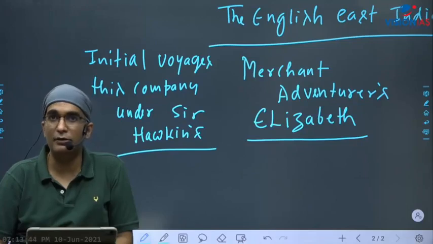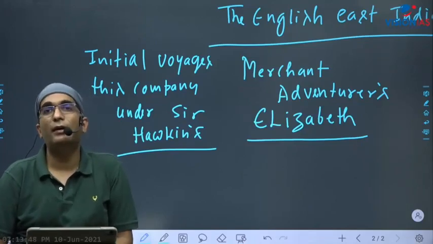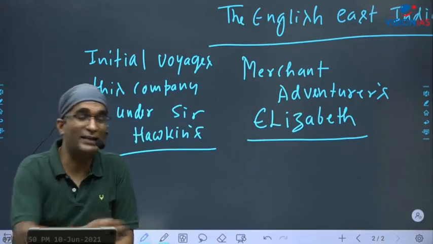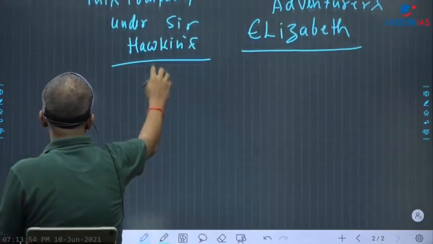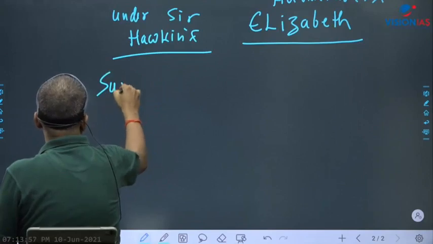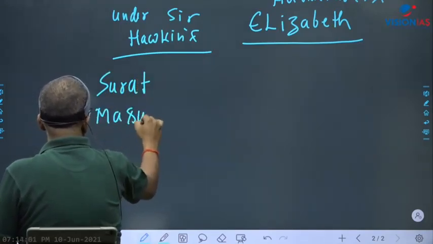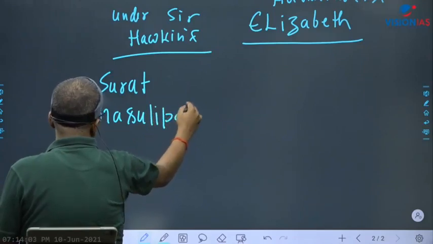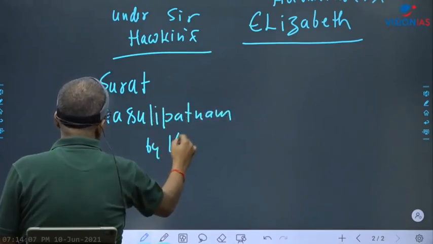So you write, but the British were successful in creating trading centers at Surat and Masulipatam by 1612.